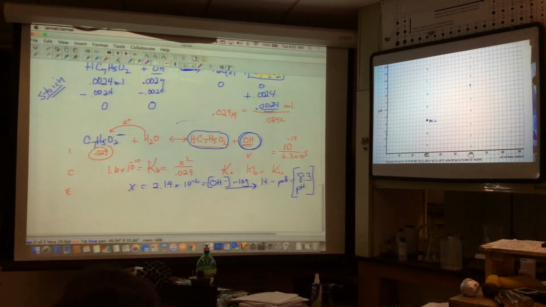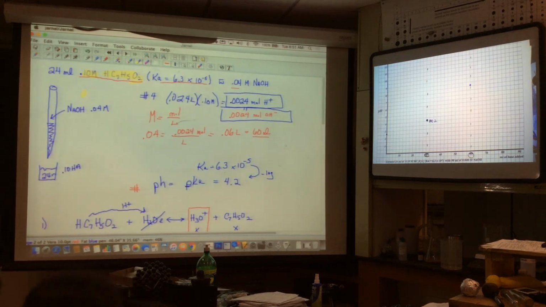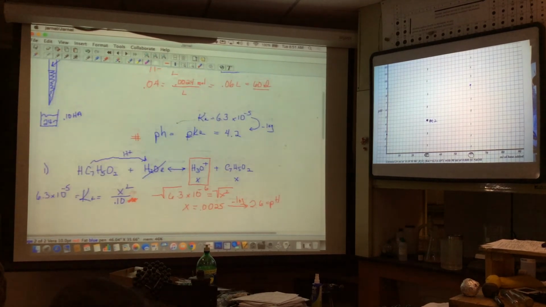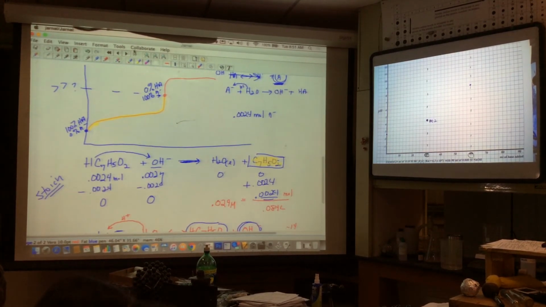Let's go back to my graph here. In my graph, the titration is over at the equivalence point. Anything I add beyond this point is just extra, in this case, hydroxides. So what's the final pH? How many extra hydroxides do you have in the total solution?